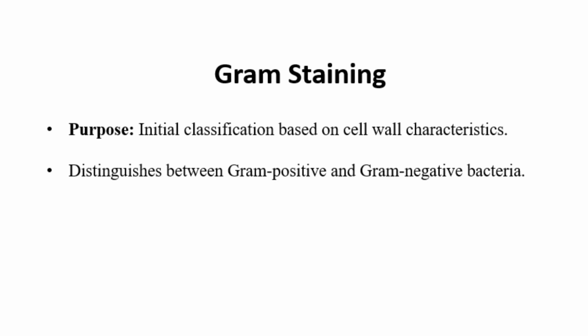Gram-negative bacteria show pink or red color on staining and have thin cell walls. Whenever we perform gram staining for gram-negative bacteria, it will show pink or red color. Gram-negative and gram-positive bacteria excrete different toxins and affect the body in different ways.